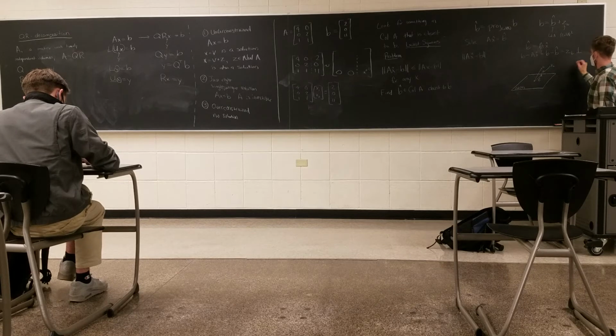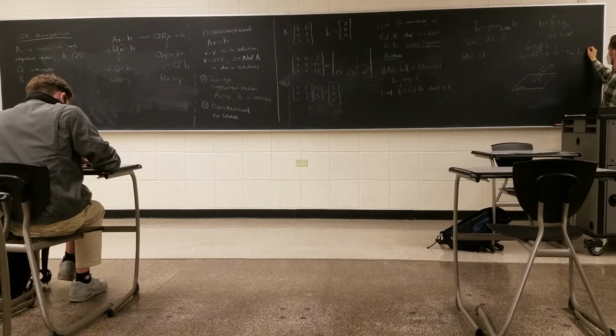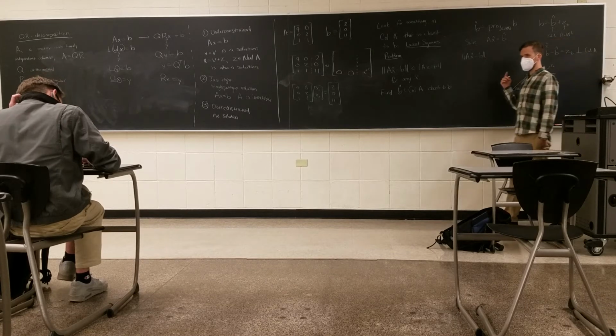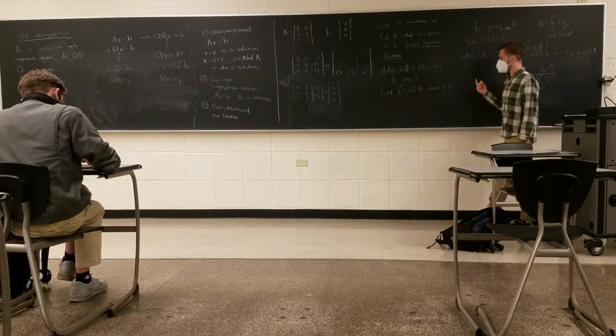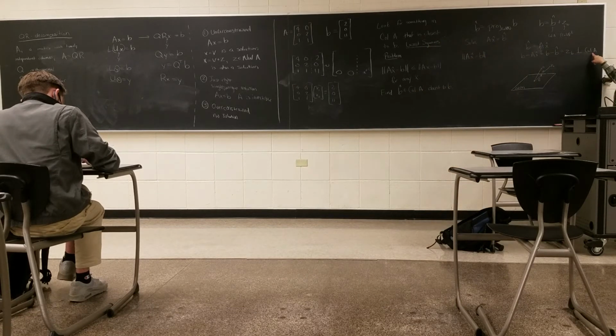And z sub b is orthogonal to the column space of A, but specifically it's orthogonal to the columns of A, right? So if I take the dot product of any column of A and this vector z b, then I will get 0.